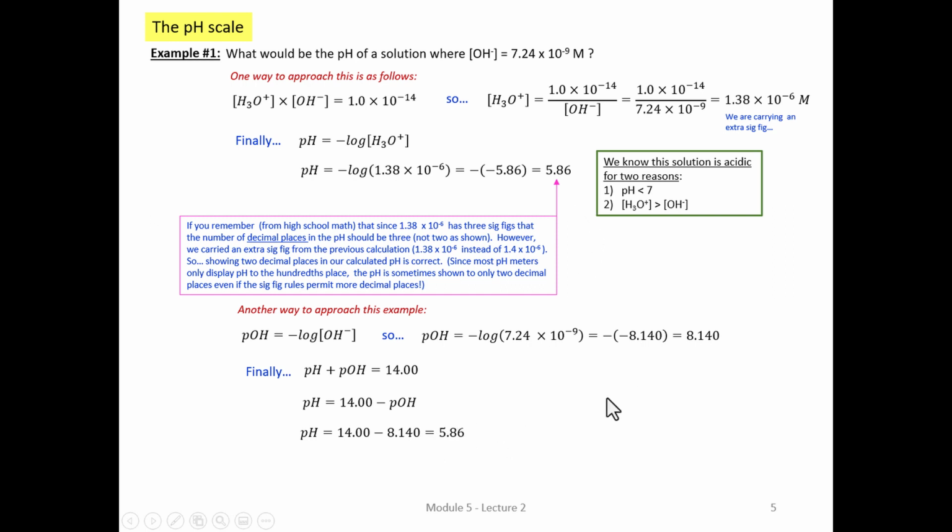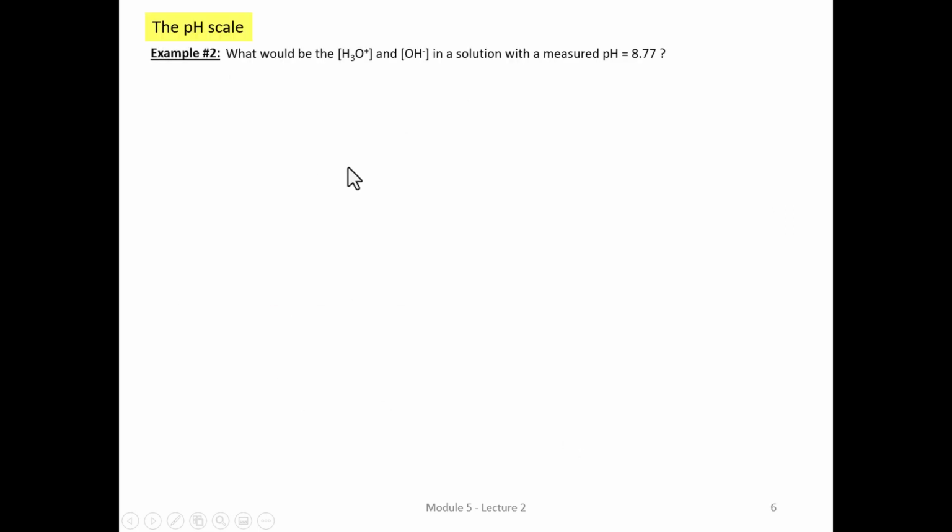How about this example? What would be the hydronium ion concentration and the hydroxide ion concentration in a solution with a measured pH of 8.77? Well, we do know something right off the bat here. If the pH is greater than 7, we know this is a basic solution, so we know the hydroxide ion concentration is going to end up being greater than the hydronium ion concentration, but we want to know what the concentrations are exactly.